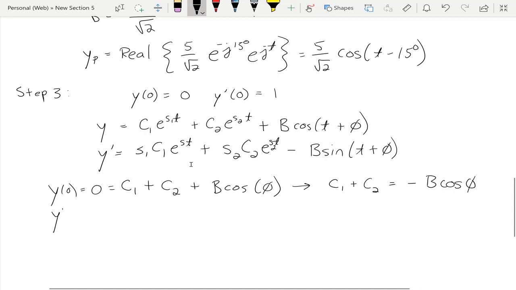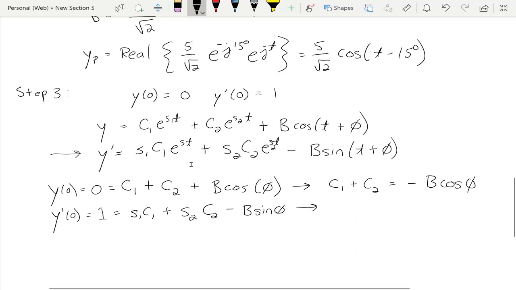Then I've got my other result, that the first derivative has an initial value of 1. At time t equal to 0, the first derivative is S1 C1 plus S2 C2 minus b sine phi.